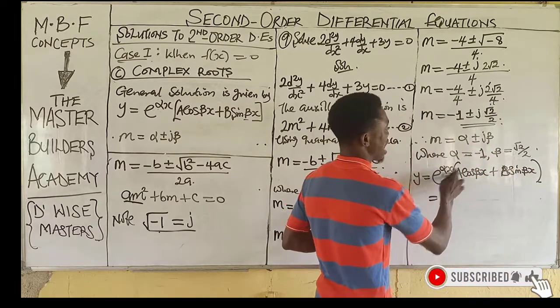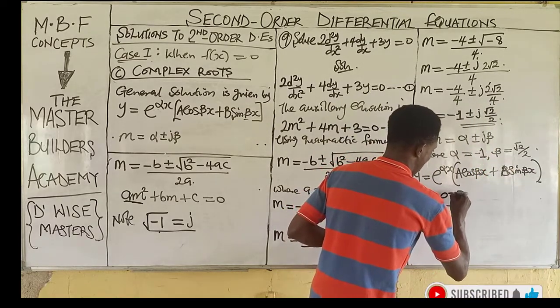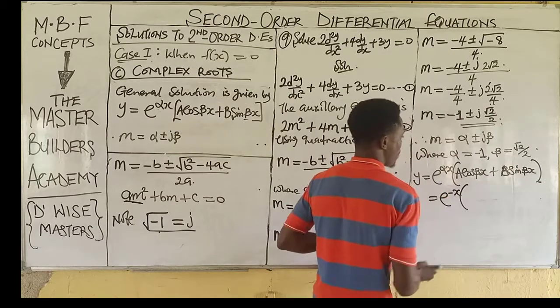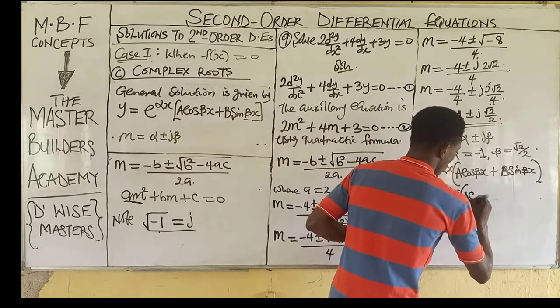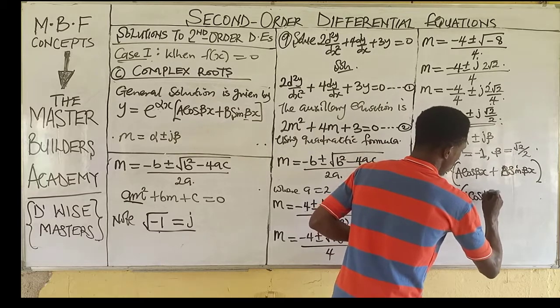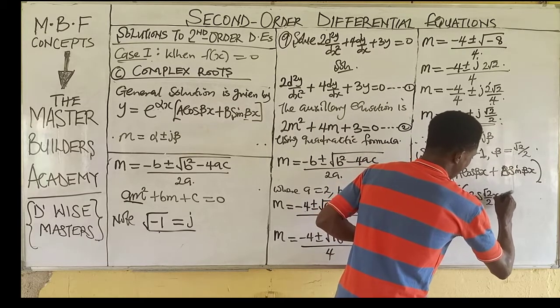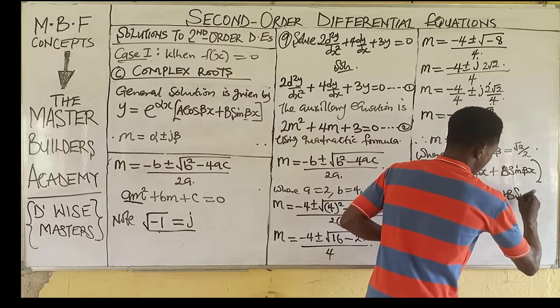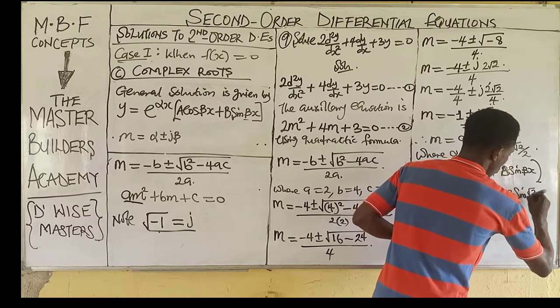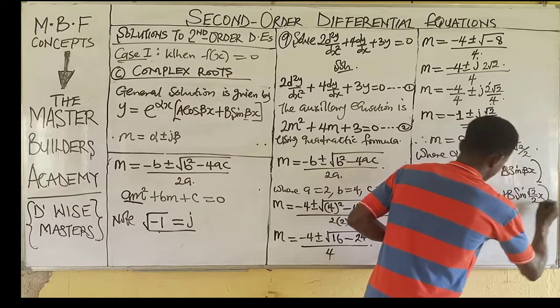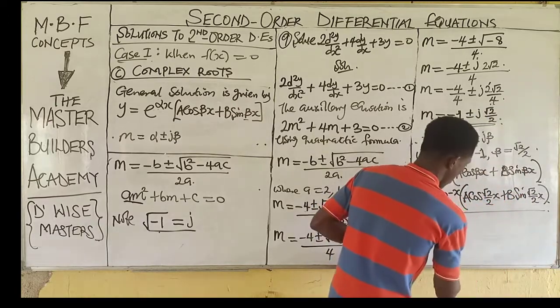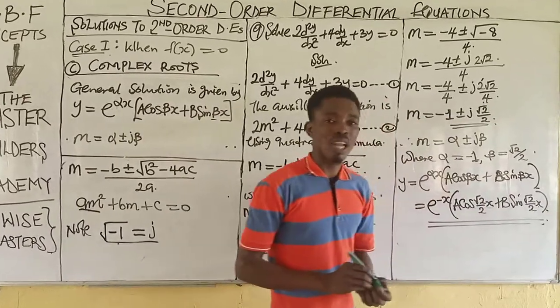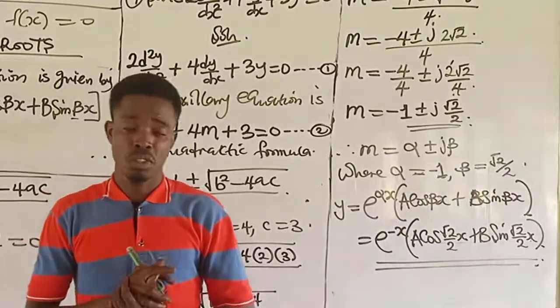Now the value of alpha is minus 1, so I have exponential minus 1x, open bracket, a cos, beta is root 2 over 2 x, plus b sine, beta is root 2 over 2 x. This is the answer to this particular question number 9.